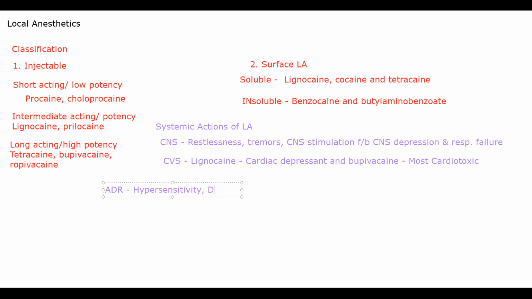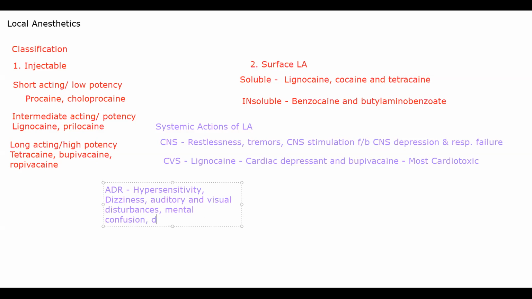Some CNS side effects that you will see, and these are the more important ones, are dizziness, auditory and visual disturbances, and in some patients it will cause mental confusion, especially those who have some psychiatric problem.